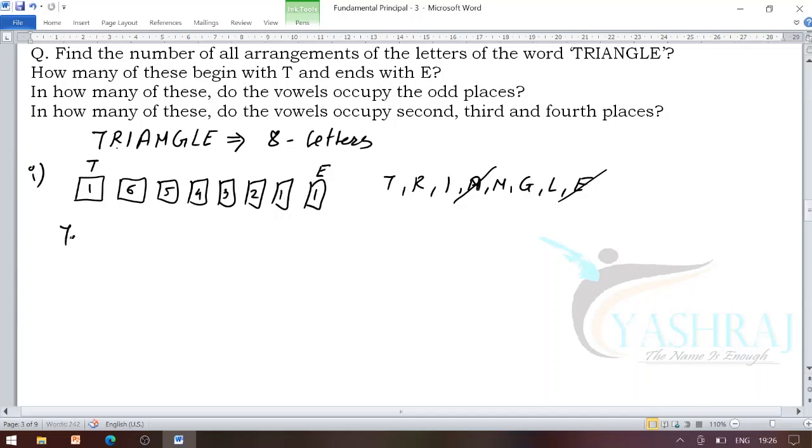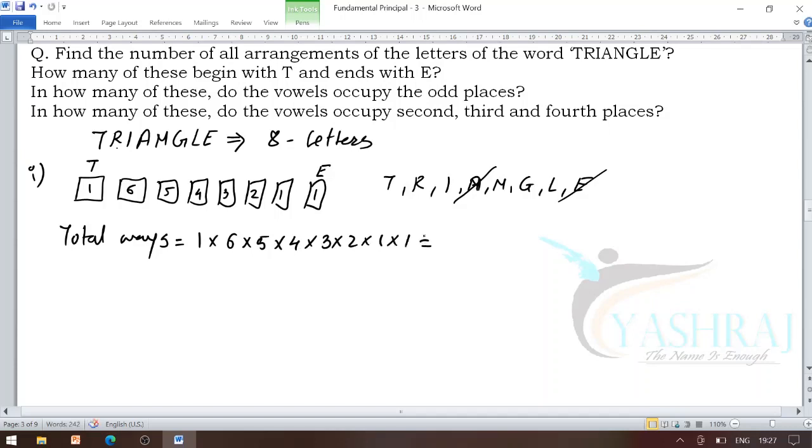So as per the multiplication principle, the number of different 6 letter words that can be formed using the letters in the word triangle that start with a T and end with an E is given by 1 into 6 into 5 into 4 into 3 into 2 into 1 into 1.